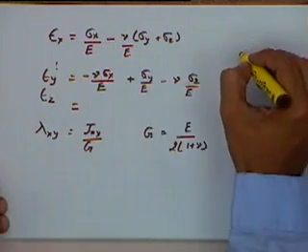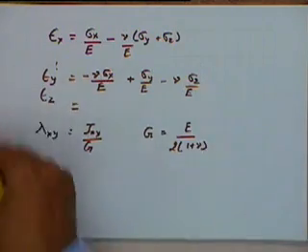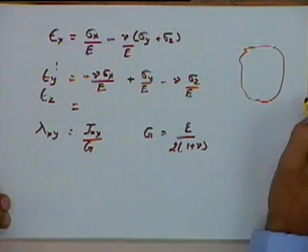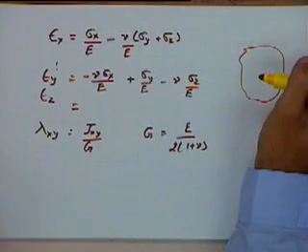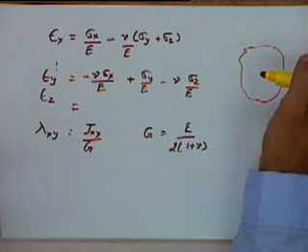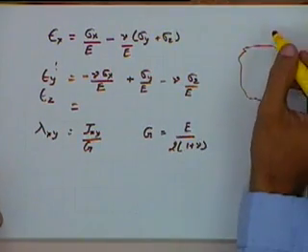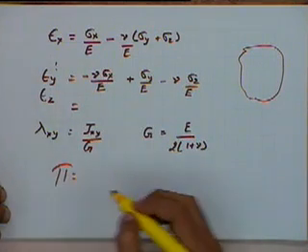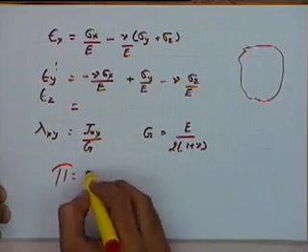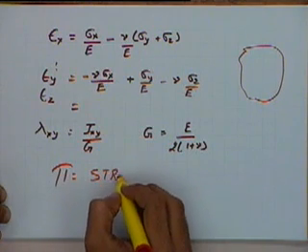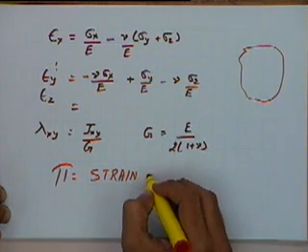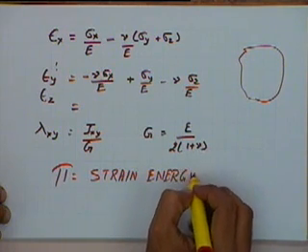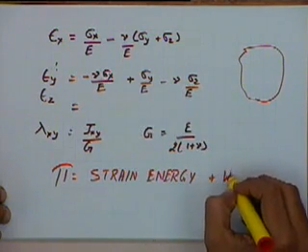Now, for any three-dimensional object which is subjected to a set of strains and a set of loading, the potential energy in this object, that is the total potential energy pi, is equal to the strain energy plus the work potential.